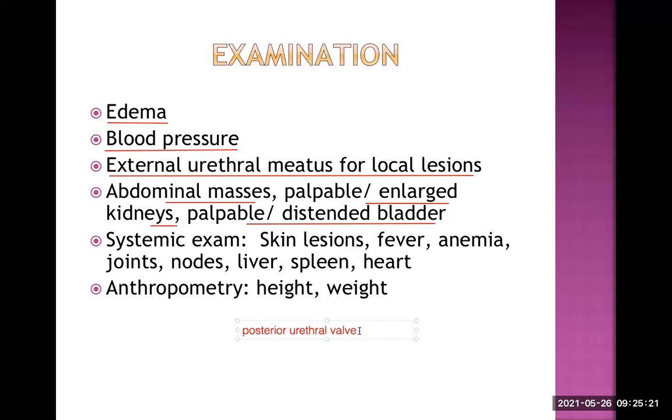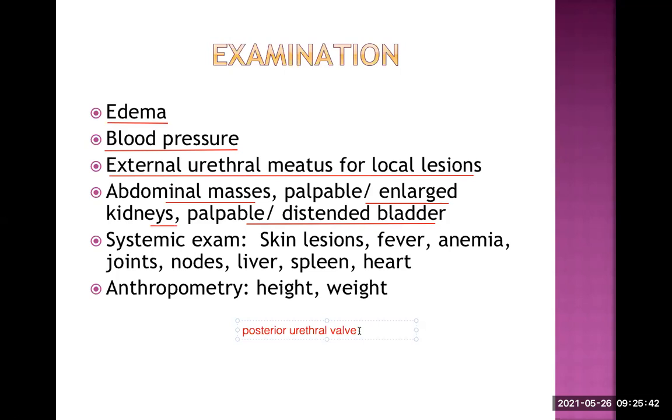For example, there is no problem in cystoscope insertion. But if urine is collected in the urinary bladder and that urine is trying to go distally towards the urethra and outside, that is obstructed. This is known as posterior urethral valve, seen in male babies.